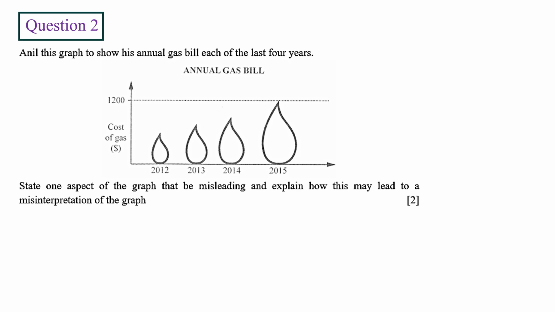And this may lead to the reader thinking that it's a linear scale. However, this is misleading because if you look at the size of the flame that you're given, the area of the flame that is shown in 2015 versus 2012 is actually 4 times bigger. However, the linear scale shown is just twice bigger.